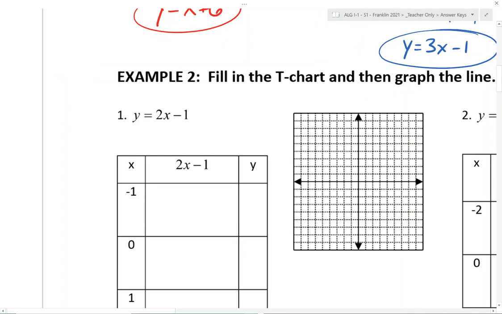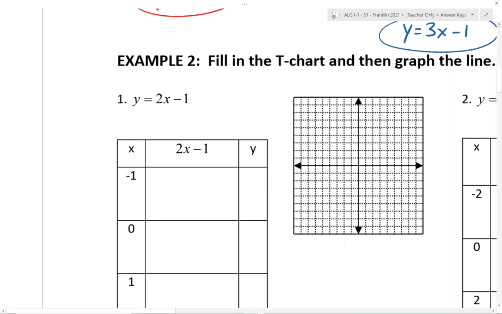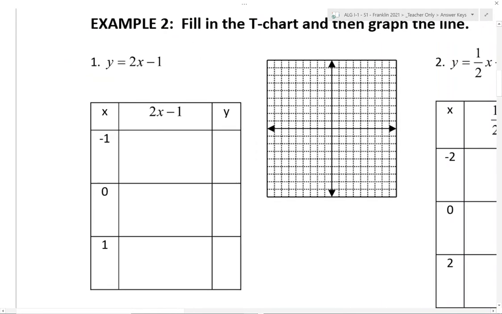For these notes, they'll be filled in for us, so there's a little bit more to it, but that's essentially what we're doing. So we have y equals 2x minus 1, and this middle column here is to show our work. It's not necessary, but it does help, especially when the equations get a little more complicated.